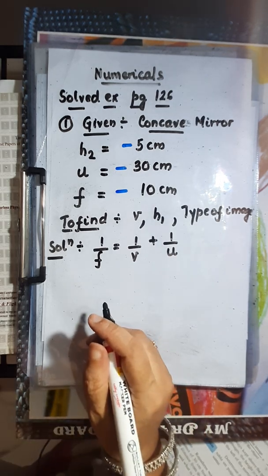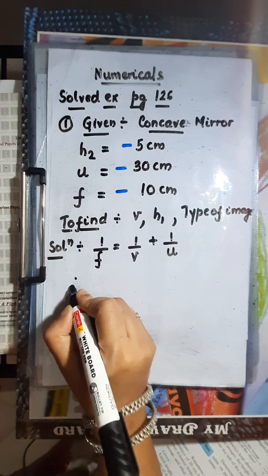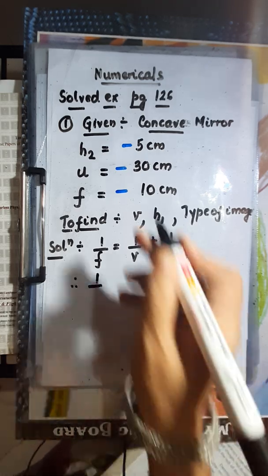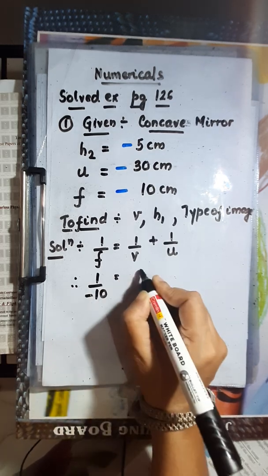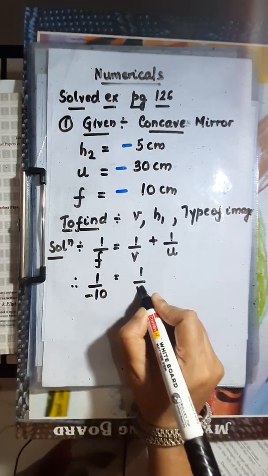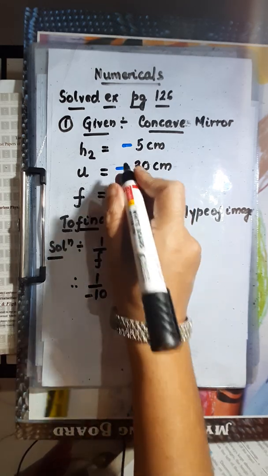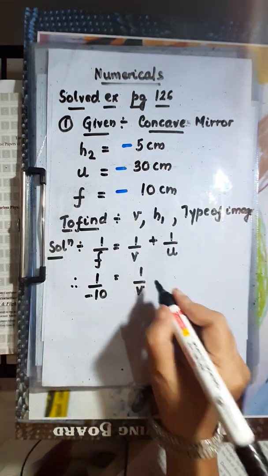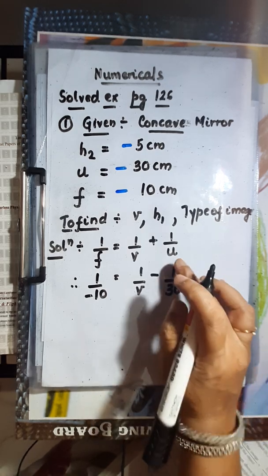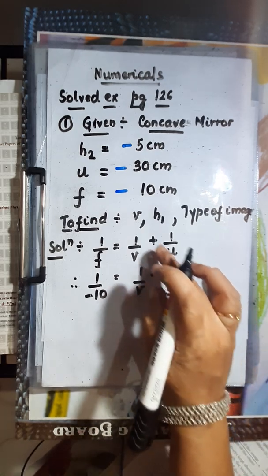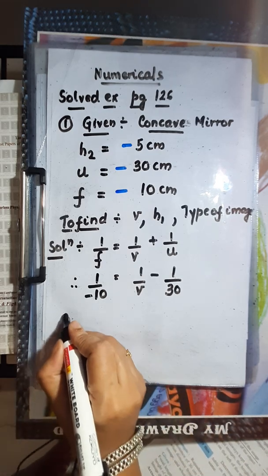So 1 upon minus 10 is equal to 1 upon v minus 1 upon 30, because u is negative, negative into positive gives me negative.